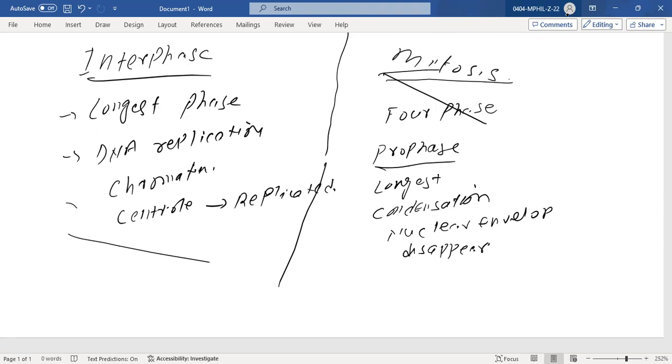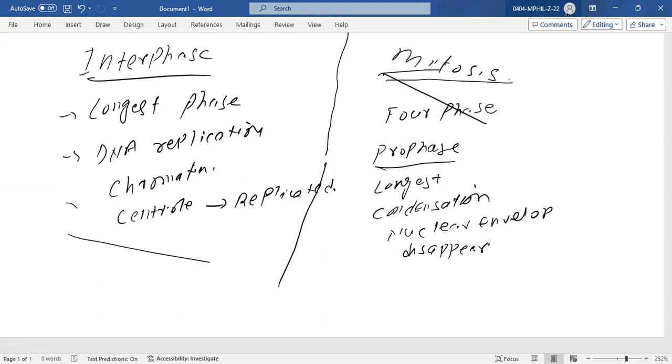When the nuclear envelope is going to disappear, it means that the spot which was in the nuclear membrane is ultimately going to disrupt. Anything else that you can recall? Sir, won't the nucleolus also disappear?